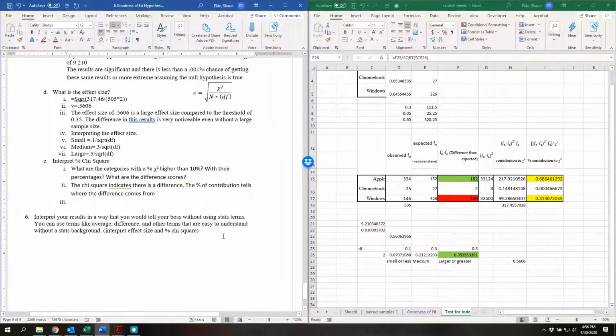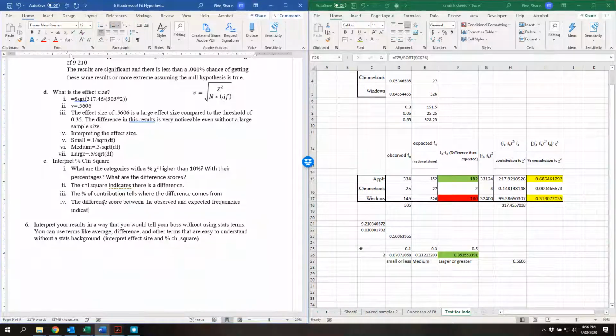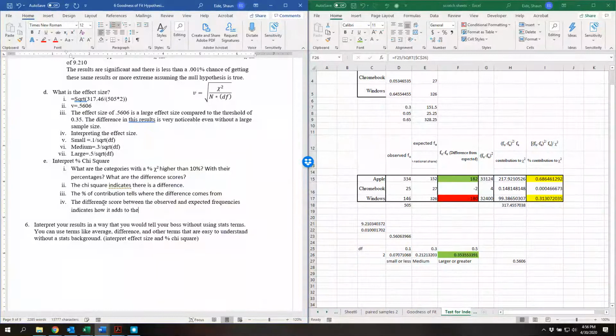so let's do this. And then last but not least, the difference score between the observed and expected frequencies indicates how the difference in the category contributes to the chi-square score.